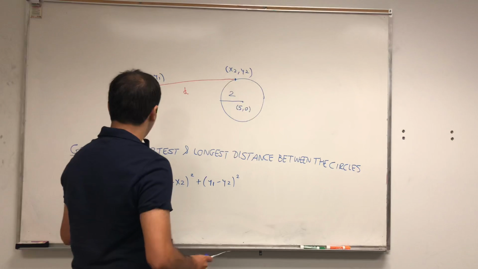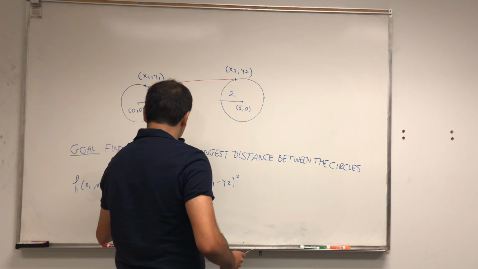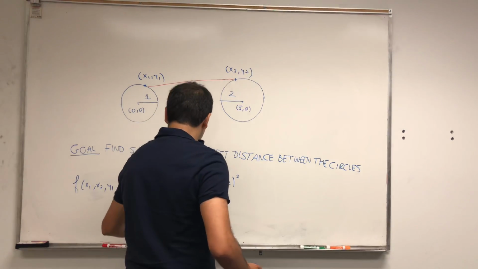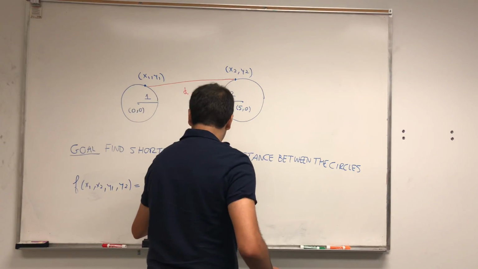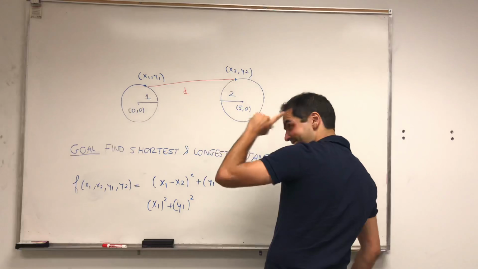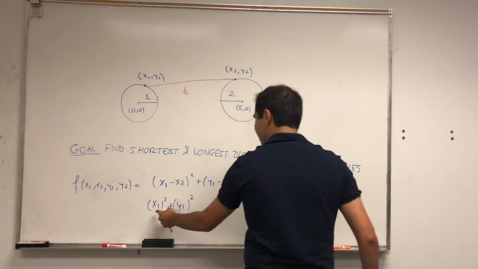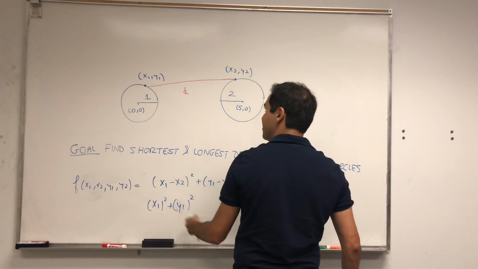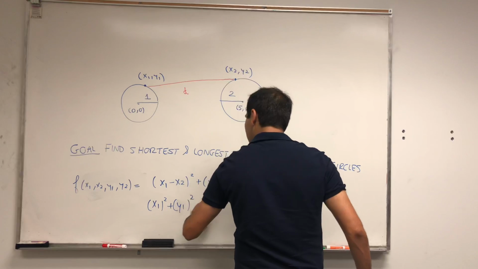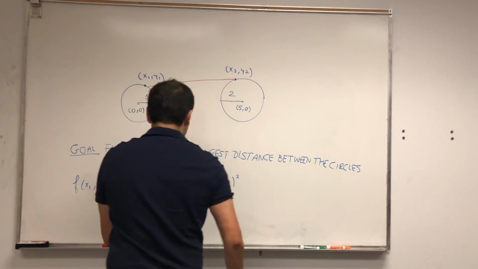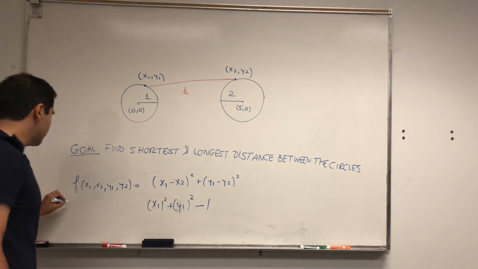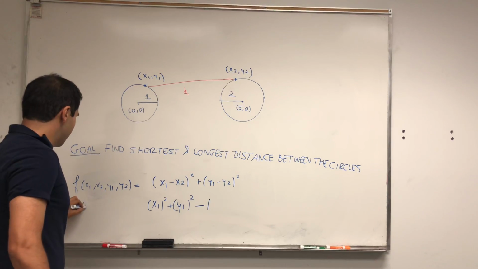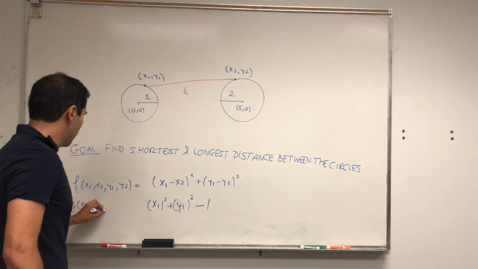So what we do know is that x1 squared plus y1 squared equals 1, which is the same thing as saying x1 squared plus y1 squared minus 1 is 0. And this gives us our constraint g of x1, x2, y1, y2.